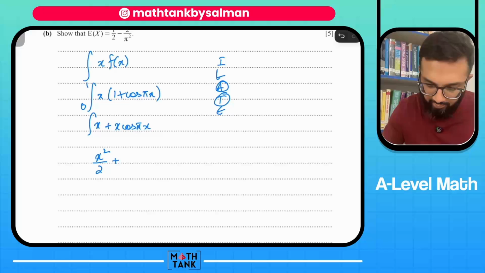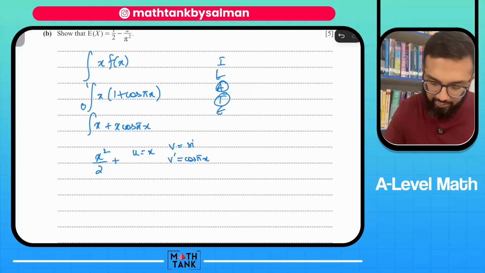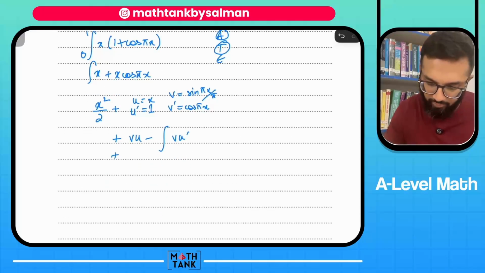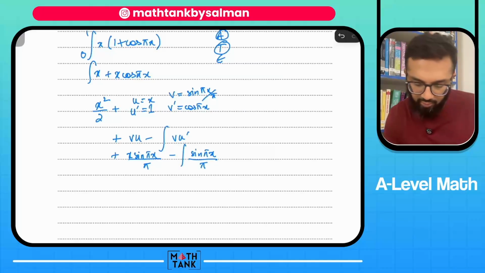Integration by parts: use u equals x. V dash is cos pi x, V is sine pi x over pi. U dash is 1. So uV minus the integral of V u dash. uV is x sine pi x over pi, minus the integral of sine pi x over pi into 1.